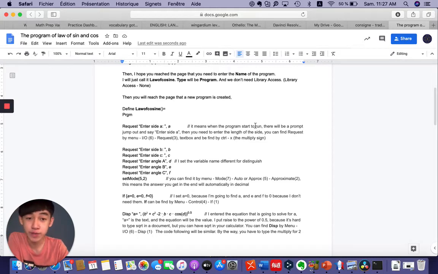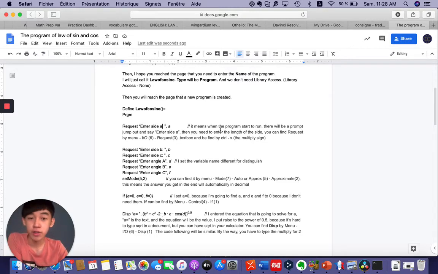As you can read here, it is just a prompt: when you run the program, there will be a prompt that says enter side A. You can give other names like enter side B, because these are just text and you can enter any prompt that is more friendly to you. But now I just say enter the side A.